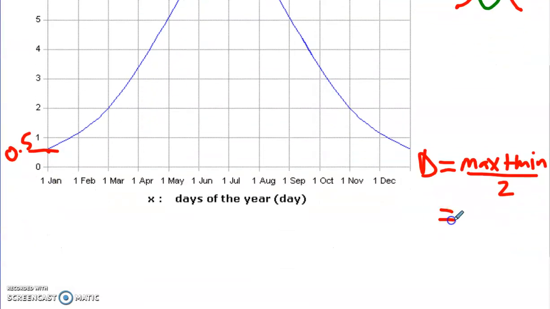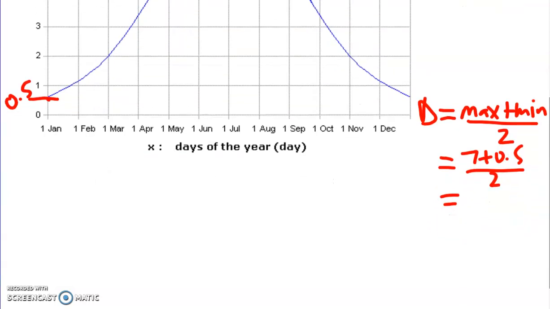All right, so 7 plus 0.5 divided by 2. So that is just 7.5 divided by 2, and this then is 3.75.